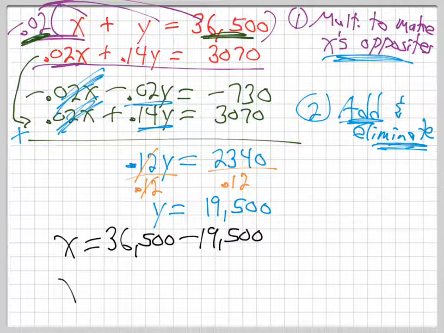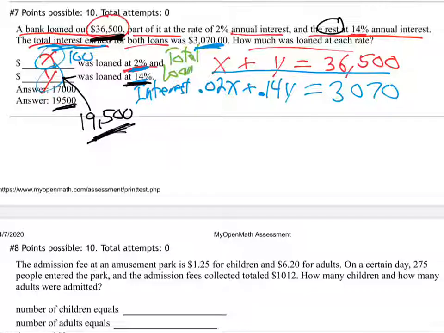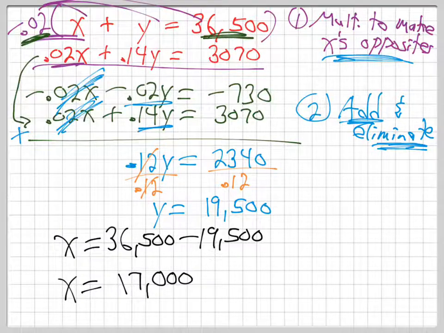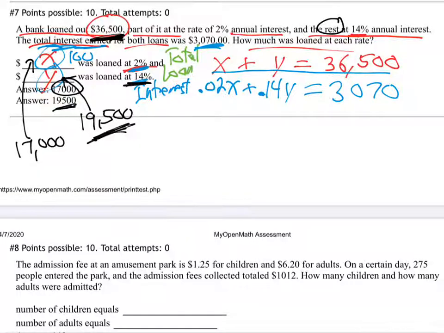This will be the other one. Subtract that, and I'm getting 17,000. So that must be the x there, must be 17,000, as indeed it says that's the answer. So that's how we solve both those equations, and that's how we got the two equations right there.